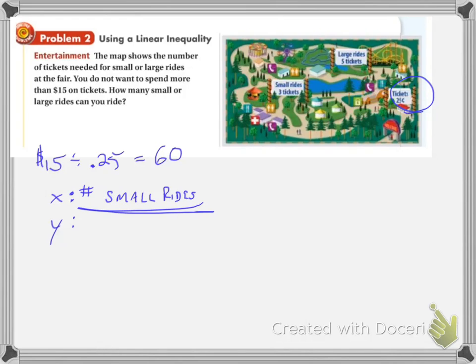X is just going to be the number of small rides that I'm going to ride.